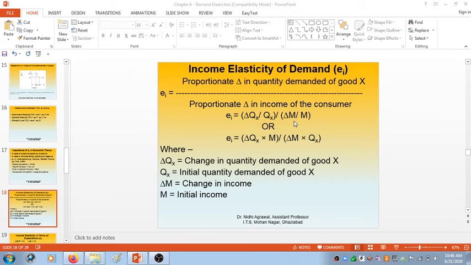So the formula becomes delta m upon m. After rearranging, we have delta qx multiplied by m divided by delta m multiplied by qx. Delta qx is change in quantity demanded of good x, qx is initial quantity demanded of good x, delta m is change in income, and m is initial income, meaning the income before change.